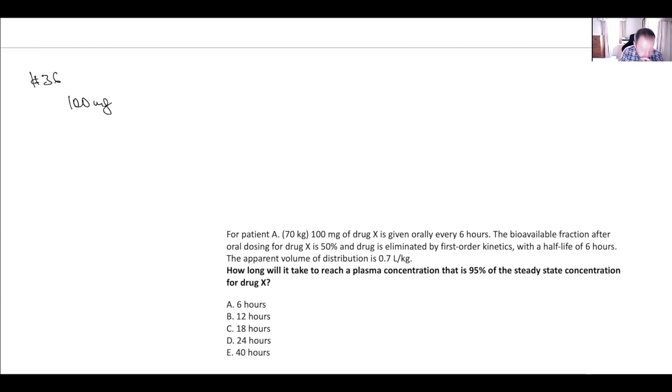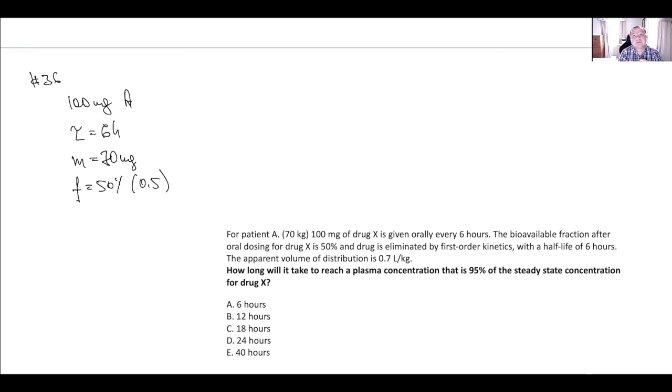100 milligrams of drug A is given orally, so you should think about bioavailability, every 6 hours. So tau is 6 hours, 70 kg. Bioavailable fraction after oral dosing is 50%, do not miss it, or 0.5.